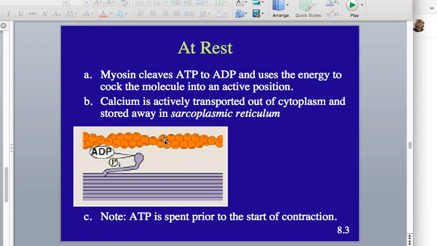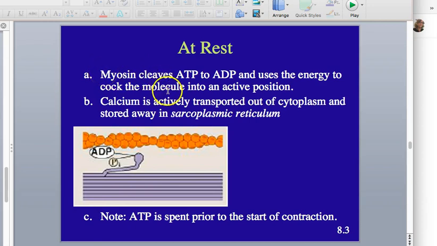Through evolution, we've evolved a system so that we're always ready to go. It's a lot easier to have this system ready and waiting than to wait that extra microsecond to cock the myosin and then let it attach. So at rest, the myosin is cocked and ready to go. It's just blocked and can't bind the actin, so it doesn't allow any action to happen.